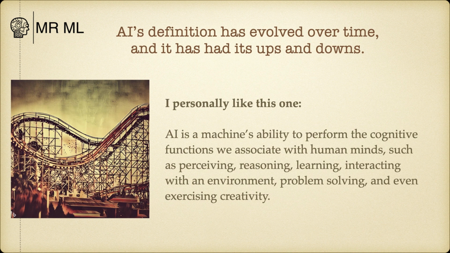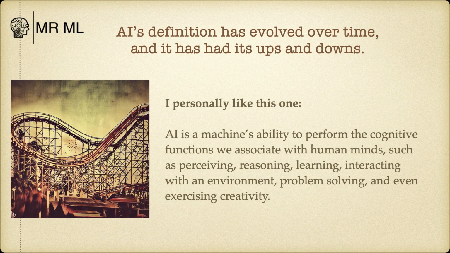As I mentioned earlier, AI had ups and downs. It was a kind of roller coaster ride. But the question is, what exactly is AI? How do you define it? And the definition has evolved over time. So if you Google it, you will find many different definitions. I chose this one.